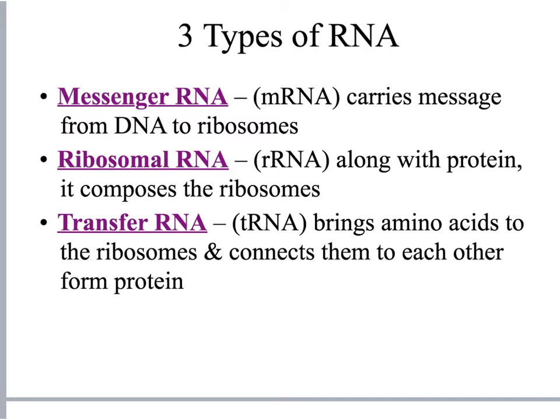Then it's going to leave the nucleus out of a nuclear pore and go to the ribosomes. There are 2 types of ribosome subunits: a small subunit and a larger subunit. At the ribosomes is where protein synthesis occurs. So working with transfer RNA, ribosomal RNA, and messenger RNA, this is how proteins are created in organisms.